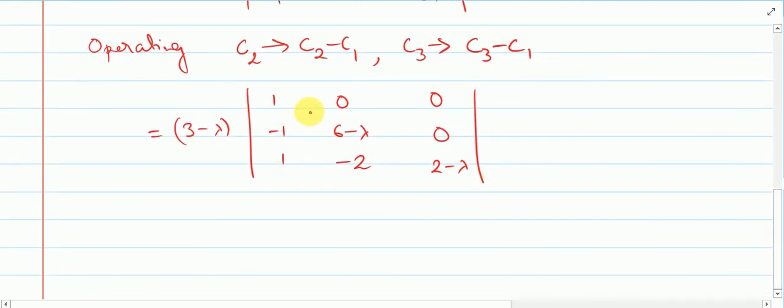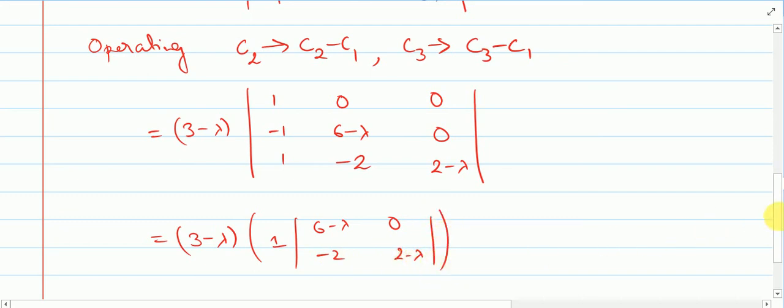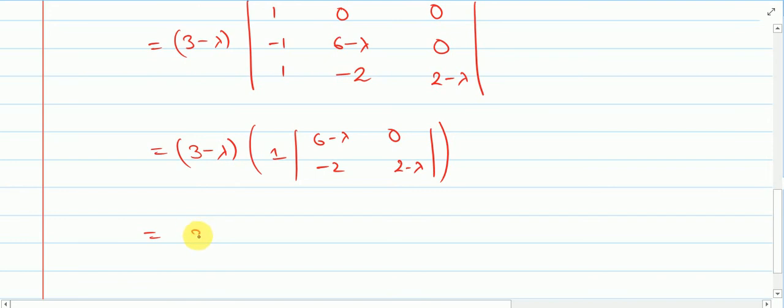Now I can expand along the first row. So 3 minus lambda, and here 6 minus lambda, 0, minus 2, 2 minus lambda. Then 3 minus lambda, and here 6 minus lambda into 2 minus lambda minus 0.